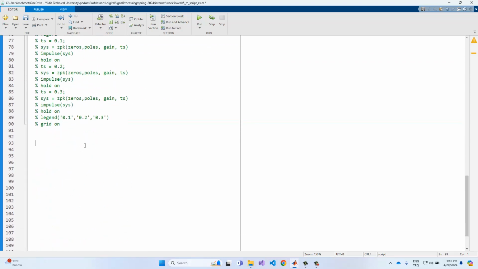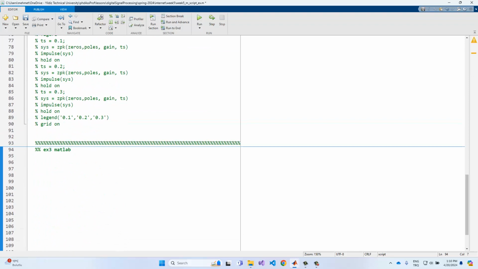So in the third part we can have our continuous system. For example, we can assign b equals 5 and a equals 5. Okay, and we can assign the num values with the b, and the denominator can be assigned with the 1 and a.